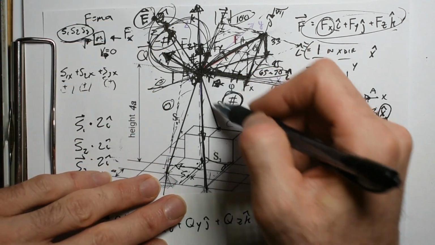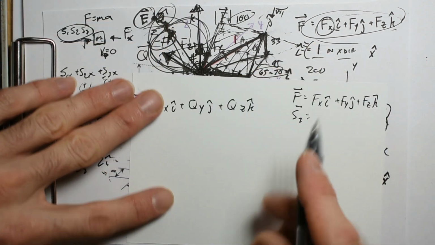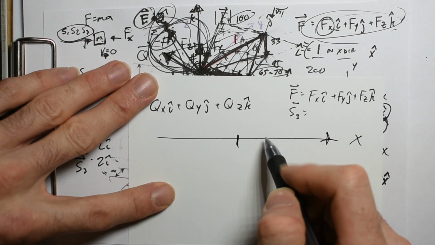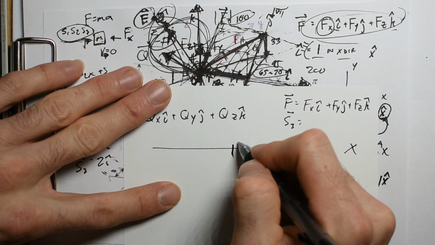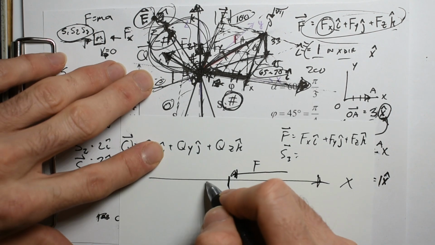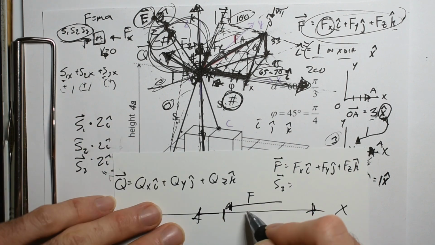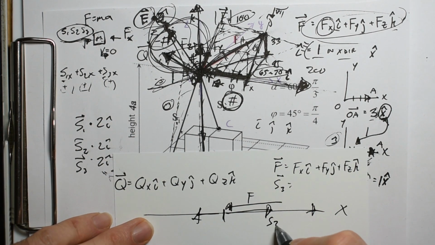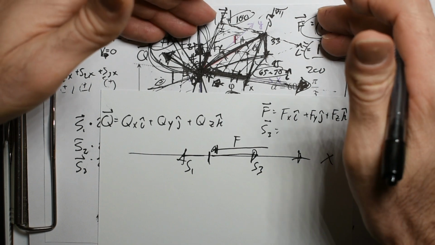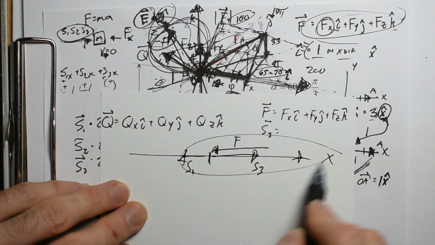I see that S2 doesn't have a component in the X direction, and so that's where we had that graph like this. This is X, this is our origin, and we were noticing that we have a vector F, a vector S1, and then a vector S2, S3. And so we just kind of reduced that portion of the problem down to this.